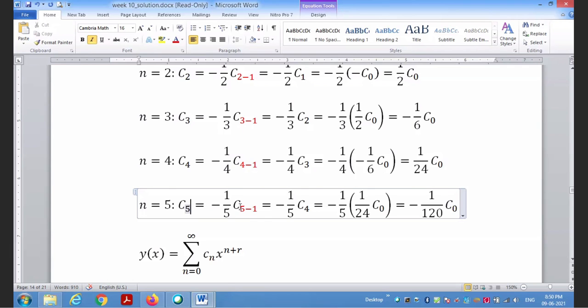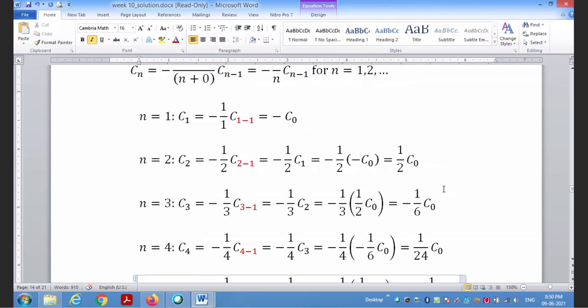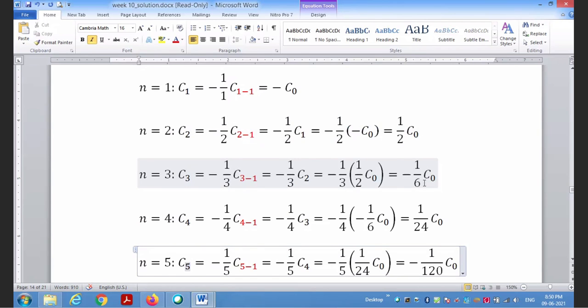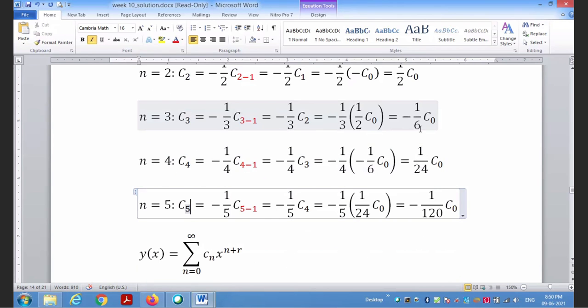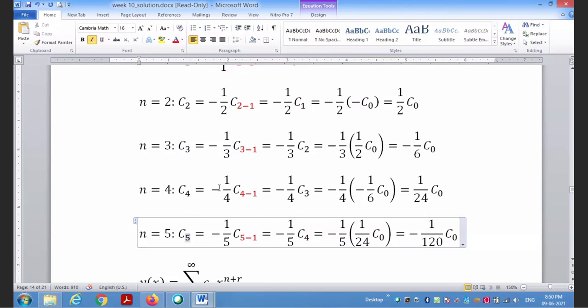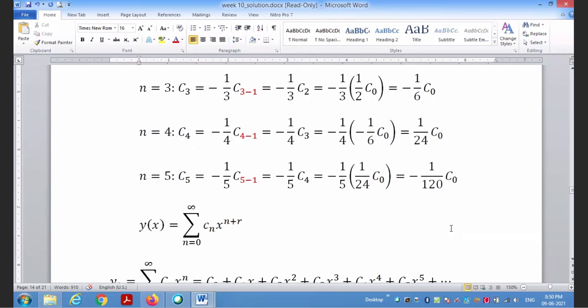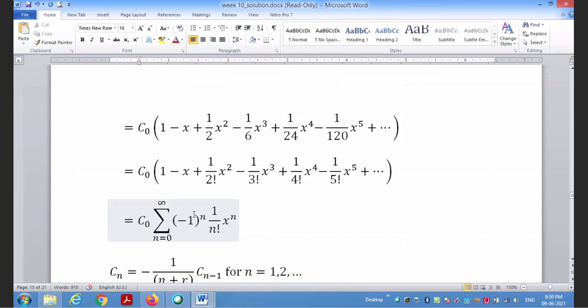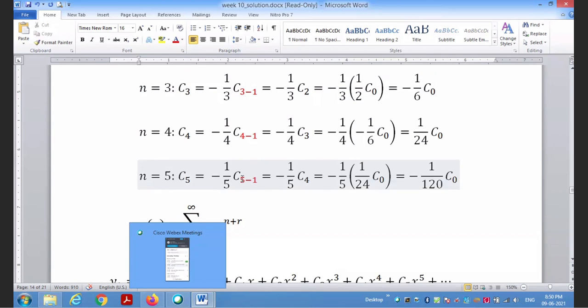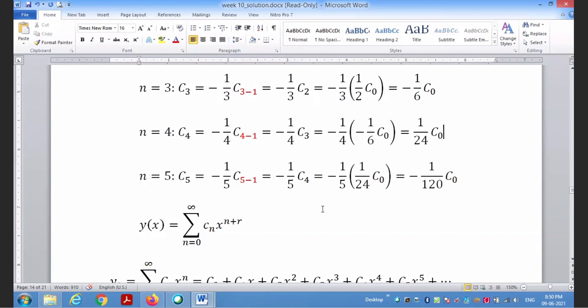Actually tujuan dia nak dapatkan pattern. Macam ni kita dapat pattern kan? 2 and then 2 times 3, 2 times 3 times 4. This one 3 factorial, 4 factorial, 5 factorial. Kalau you dapat pattern kat sini dah, you tahu dah and then you stop. No need to proceed. You can stop up to here. Kalau tak dapat pattern tu lah you go on, you buatlah 6 terms, up till C6 and then you stop. You cannot go like C10, too much time dalam test. You stop lah dekat C5 ke C6 macam tu. Okay?